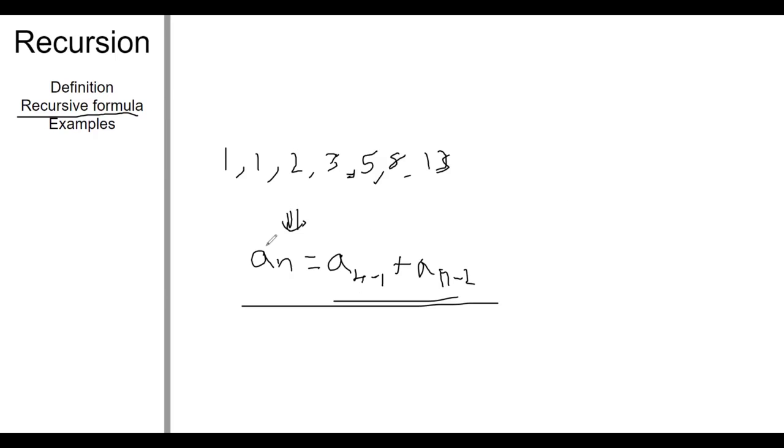And you'll see that the name recursion, or recursive formula, kind of describes how you can find every term in the sequence by starting with the base terms and then repeatedly applying the same formula. 1 and 1 you get 2, 1 plus 2 you get 3, 2 plus 3 you get 5, and so on. And so I think this is really all you need to know about recursion.